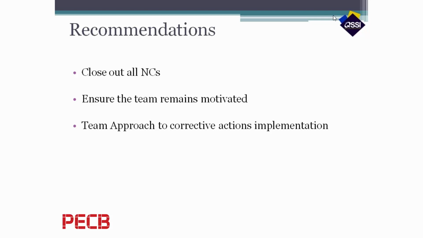I think I've given as many tips as possible, because there are some tips contained throughout the presentation. I think you should look at it as a whole and there's no one magic tip. It's a combination of things that you should do in order to present the food safety management system to the certification body.